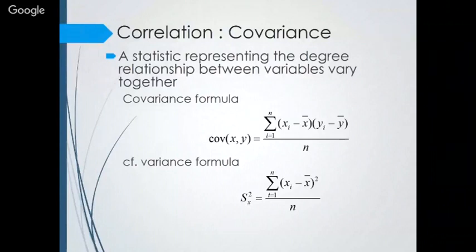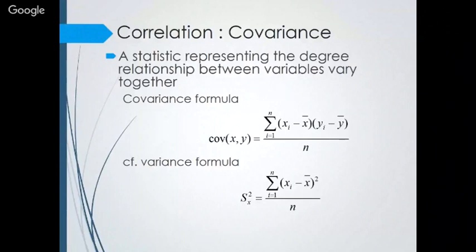If there is some relationship between two variables, then covariance represents the degree of that relationship. Covariance can be calculated using this formula, represented by cov xy, the covariance between x and y, which is equal to sigma (xi minus x bar)(yi minus y bar).